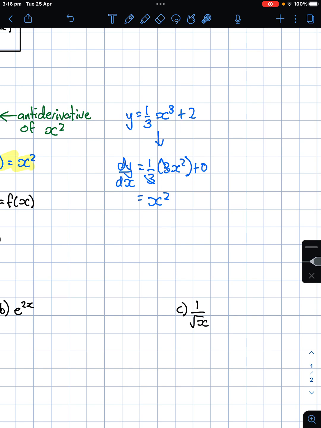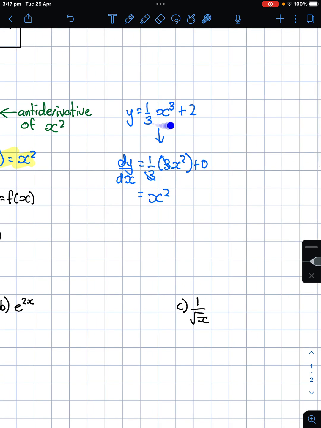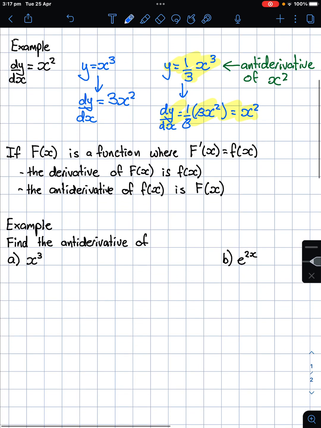Now the important bit here is we call this one here the antiderivative of x squared because x squared was the derivative. So the antiderivative of x squared gave us our original function, which was x cubed. Now this one here doesn't count because it's more complicated. If we do every constant that's possible, we would end up with infinite solutions. So we're looking at the simplest one. And this will become even more important as we do integral calculus.